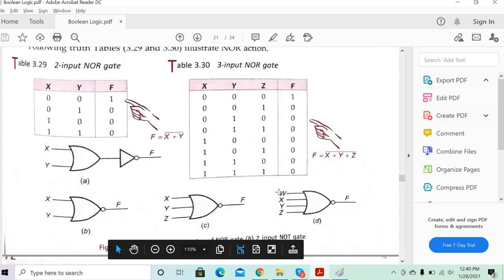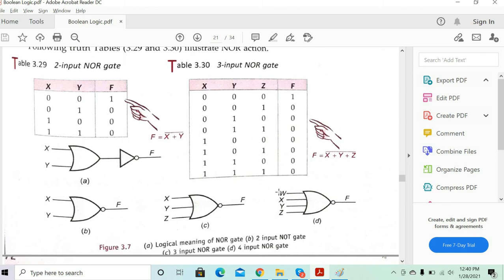First you have to make the 3 inputs for the OR gate. X, Y, Z, what will be the OR gate output? If any 1 is there, then the output will be 1. The output will be 0 only when all of X, Y, Z are 0. That's the only condition. And you just have to invert it. The final output is inverted.